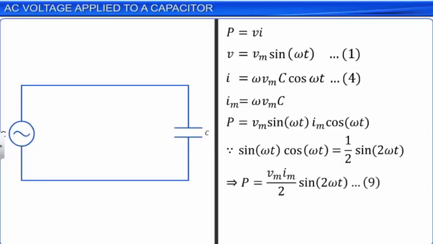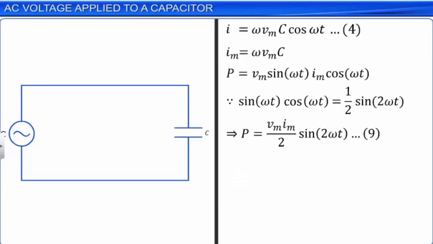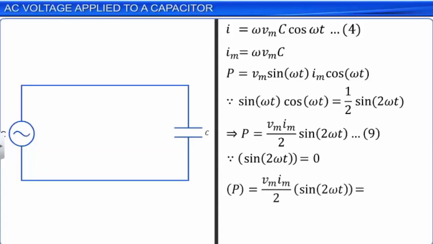This instantaneous power here evaluates as a time-dependent harmonic function. As the average value of sin 2 omega t over one cycle of AC is equal to 0, the average of power P over one complete time period will be 0. Hence, power supplied to a capacitor on average in a circuit is 0.